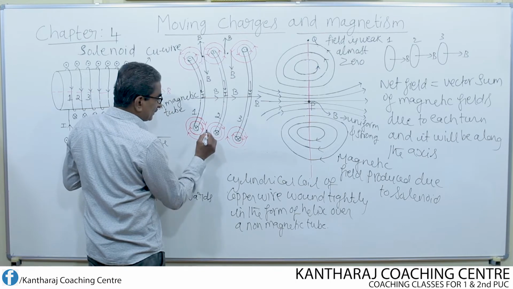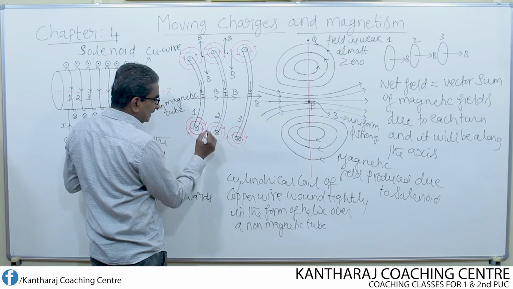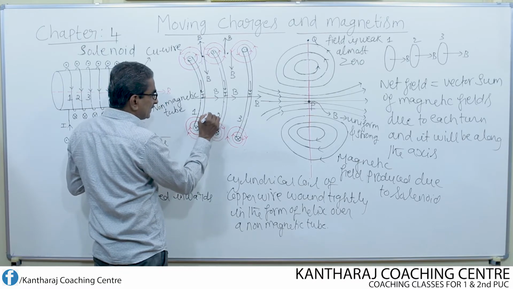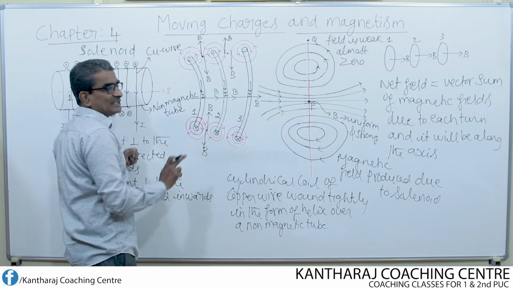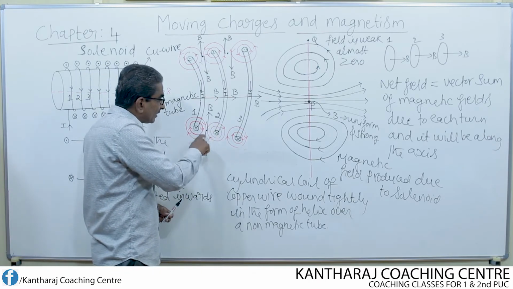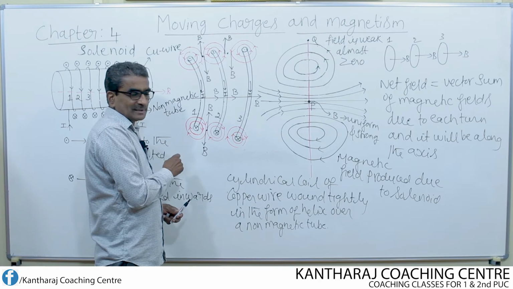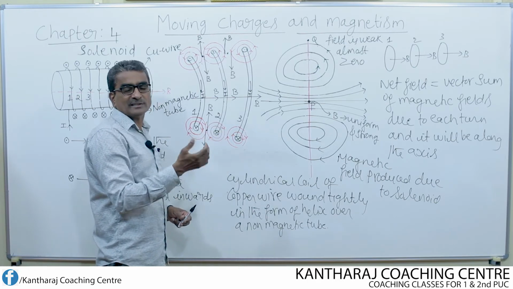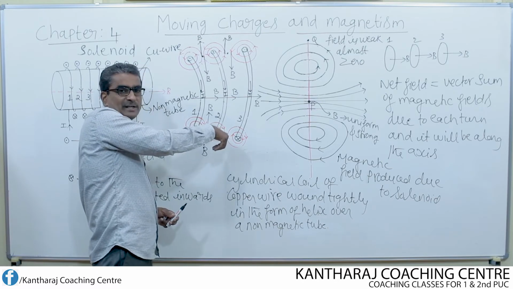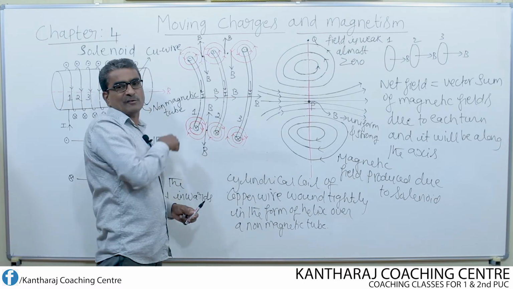With respect to the same point and with respect to the second turn, if I draw one tangent, the tangent drawn gives the direction of the magnetic field. The tangent should be drawn along the curling direction of the fingers according to the right hand clasp rule. The arrow represents the curling direction of the fingers, which also gives the direction of the magnetic field.